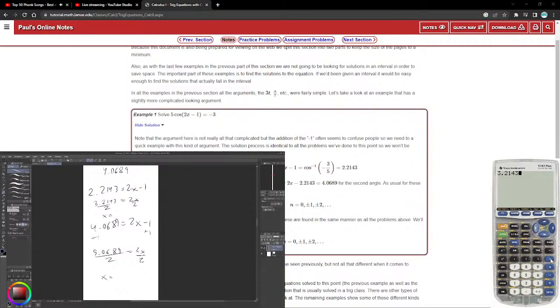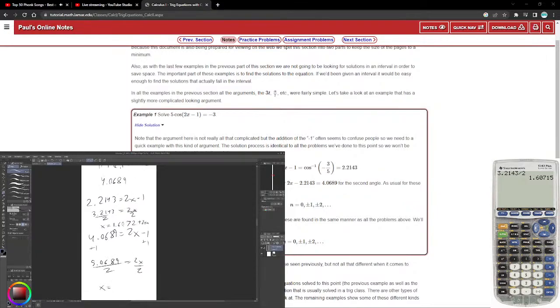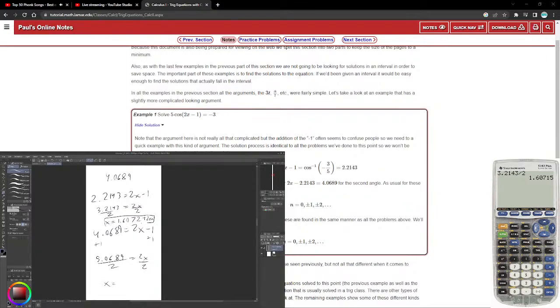3.2143 divided by 2, 1.6072 plus 2 pi n. So that's the first one.